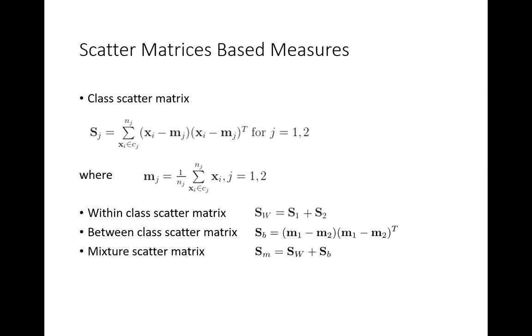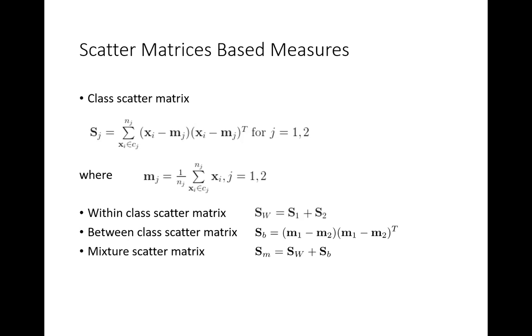There is a concept of class scatter matrix, which is pretty similar to a covariance matrix, except that in a covariance matrix you have a division by n minus 1, which is not here, all right? So class scatter matrix S_j is, for all the examples that you have from the jth category or jth label, defined as shown.